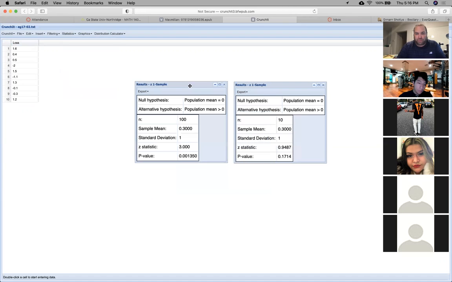So what do you notice about the p-value in this situation? Smaller. Much smaller. In fact, what's the likelihood of getting 0.3 for a sample, or even something crazier than 0.3, for a sample of 100 if the null hypothesis were true? It's 1 in 1,000.